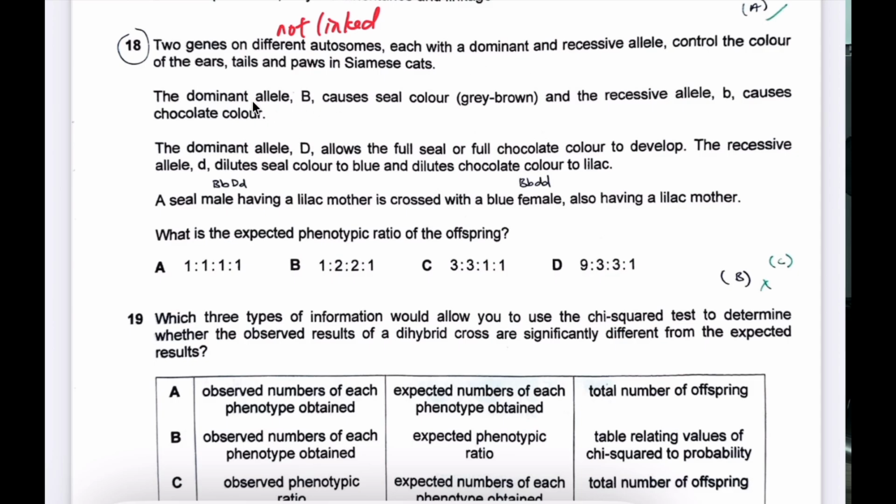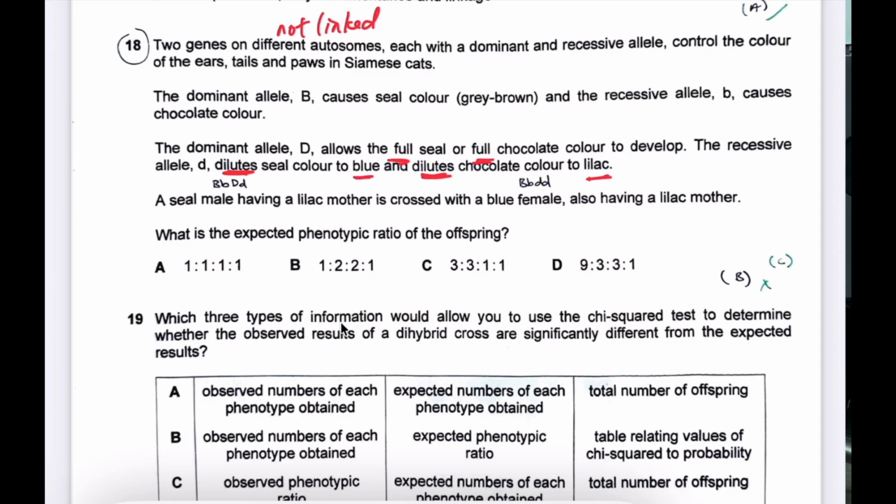Dominant B is seal, recessive is chocolate. Dominant D allows full color. The recessive is dilute color, to lilac and blue. Wow.